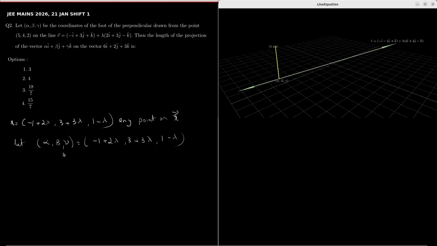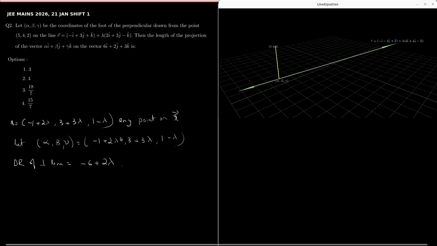But we have considered alpha, beta, gamma as this point, so the direction ratio of the perpendicular line is minus 1 plus 2 lambda minus 5, that is minus 6 plus 2 lambda, then 3 plus 3 lambda minus 4, so minus 1 plus 3 lambda, and 1 minus lambda minus 2, that is minus 1 minus lambda.